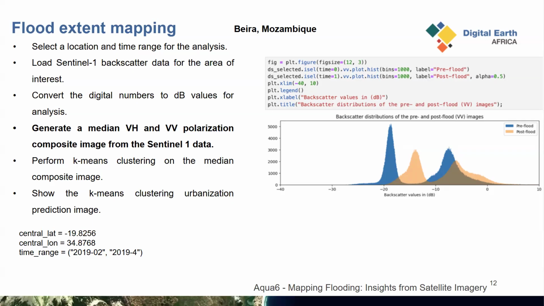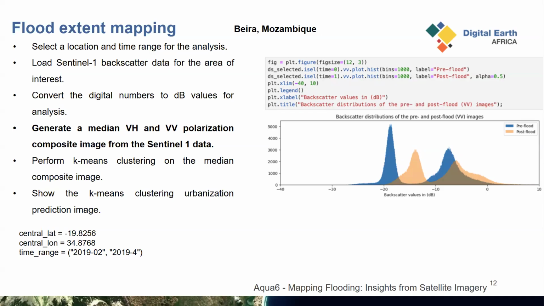Looking at the histogram diagram, or the backscatter distribution diagram of the pre and post flood images, the right peak indicates higher decibel values, representing non-water. On the left side, we have lower decibel values, with the blue representing pre-flood and the cream representing post-flood.